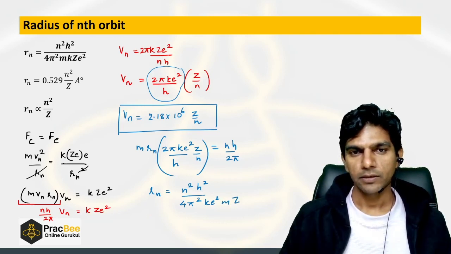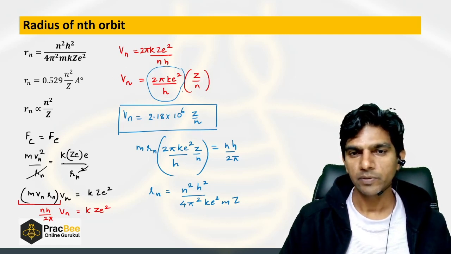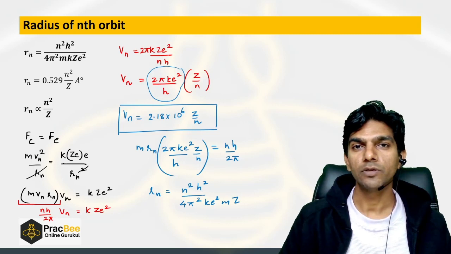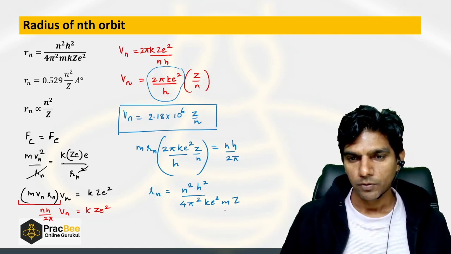So can you see in the velocity formula, m is not there. So we can say Vn does not depend upon mass, but radius depends upon mass. It is inversely proportional to the mass of the electron.